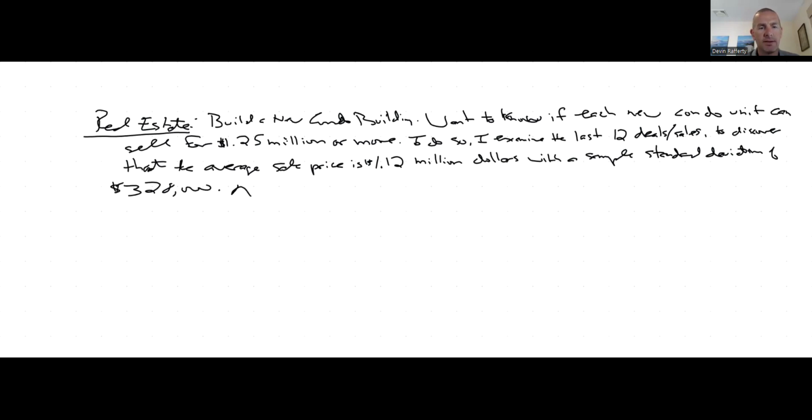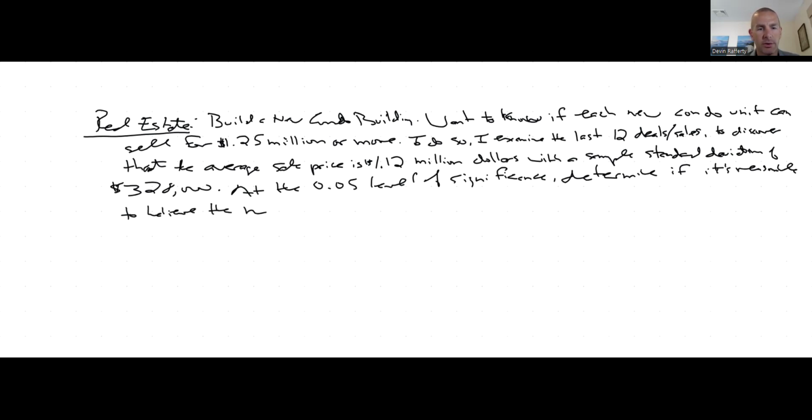At the 0.05 level of significance, determine if it's reasonable to believe the new condos can sell for $1.25 million or more.